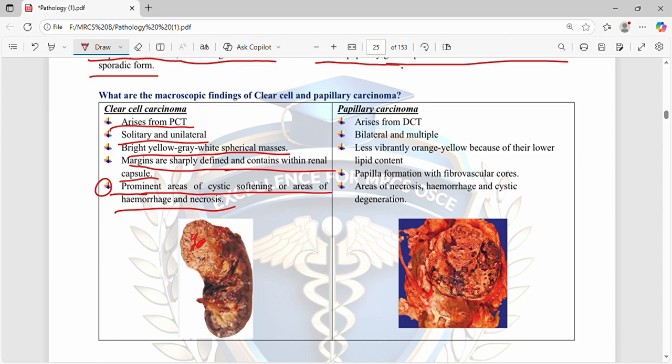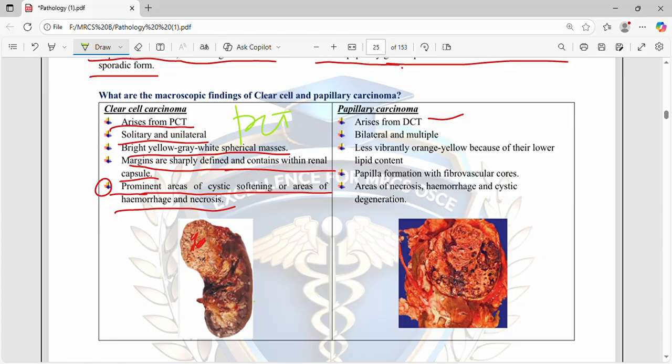Papillary carcinoma arises from the distal convoluted tubule. This is a big difference: clear cell arises from the proximal convoluted tubule, while papillary arises from the distal convoluted tubule. Papillary carcinoma is bilateral and multiple, whereas clear cell is solitary and unilateral. Papillary carcinoma is less vibrantly orange-yellow because of lower lipid content, with papilla formation with fibrovascular cores.